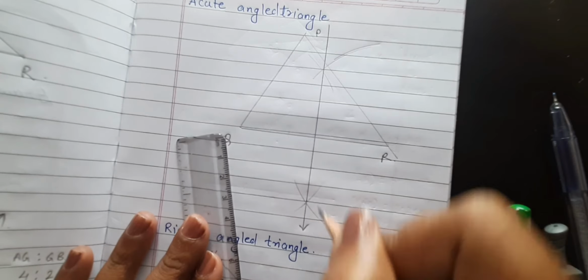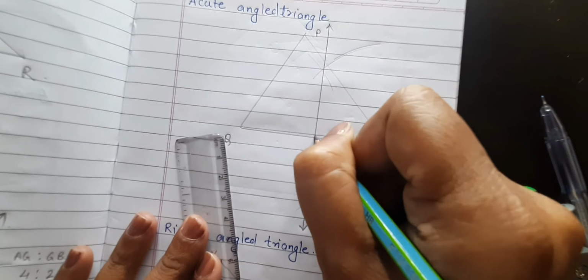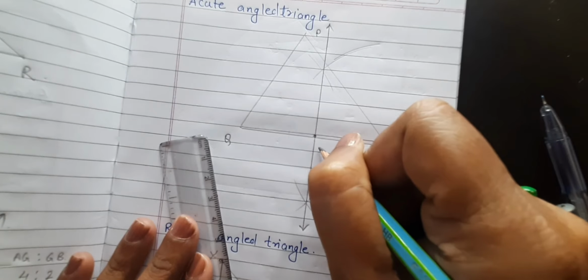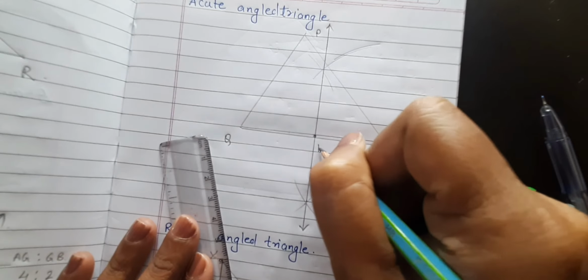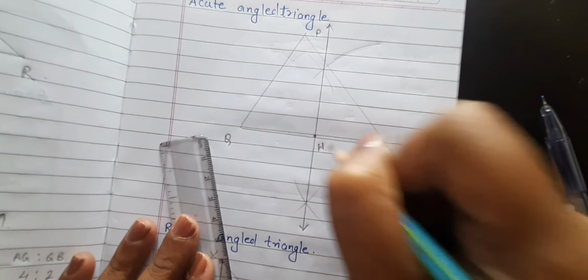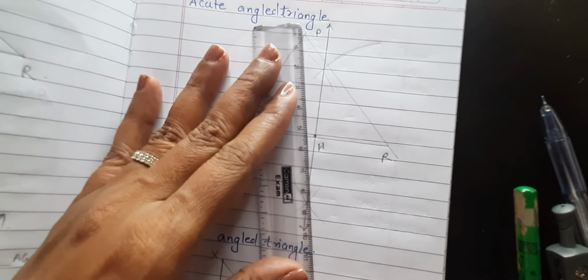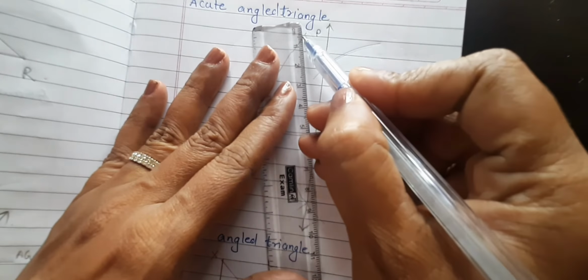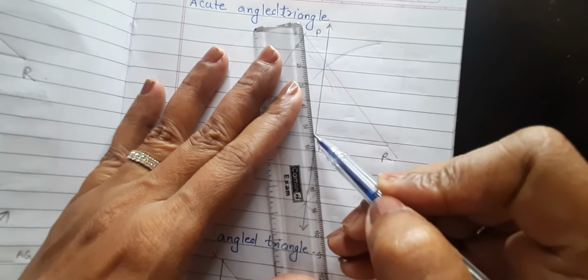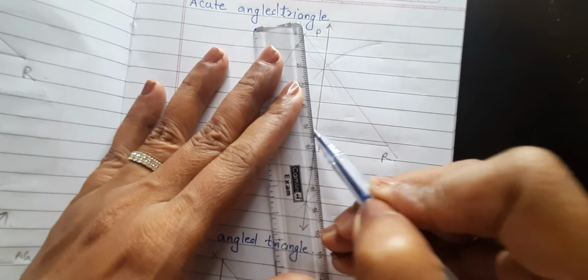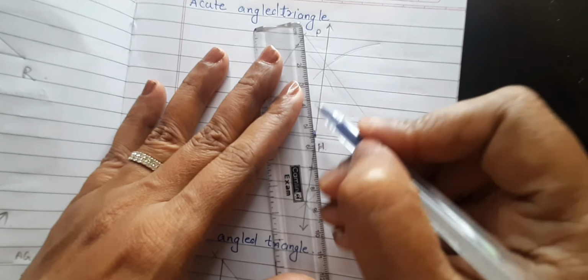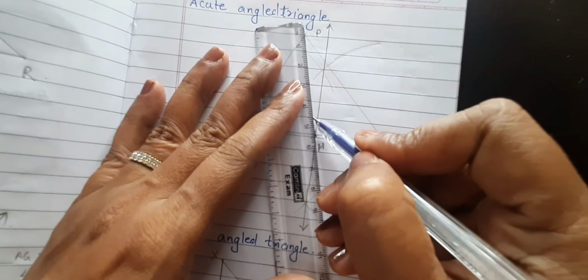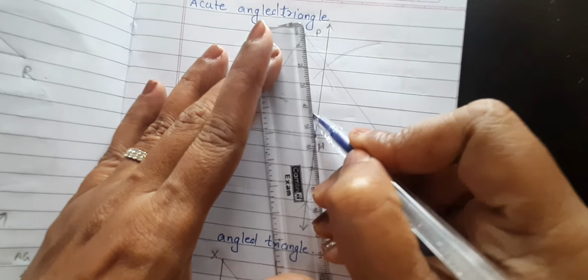So somewhat this way you're going to get it. Now this is the point of contact. Name it as H. Okay. I'll be joining P and H now. So PH is the median for triangle PQR on side QR.